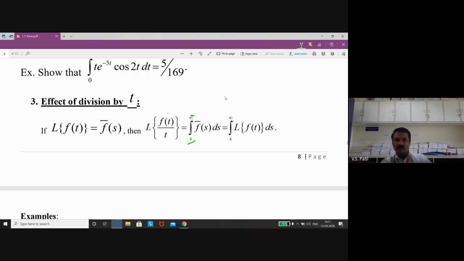You first find the Laplace transform of whatever quantity is in the numerator, then integrate it with respect to s, because when you operate the Laplace operator on the time domain, it is converted into the frequency domain s. So you integrate with respect to s between the limits s to infinity. Is that clear? Yes, sir.